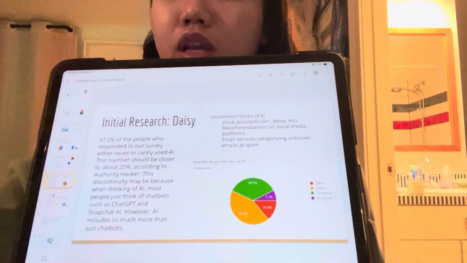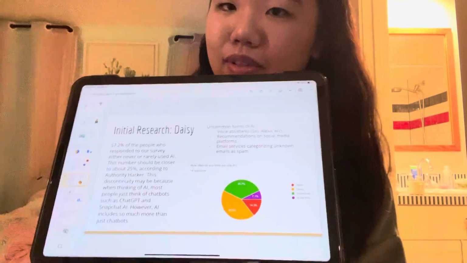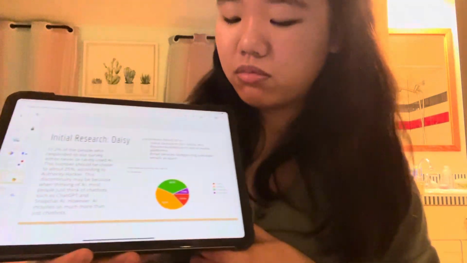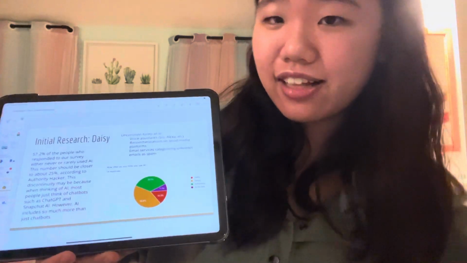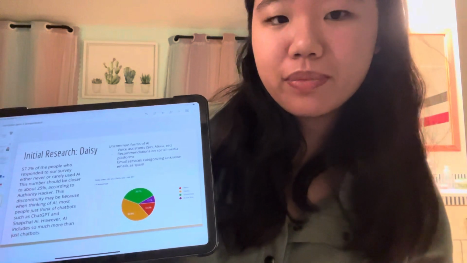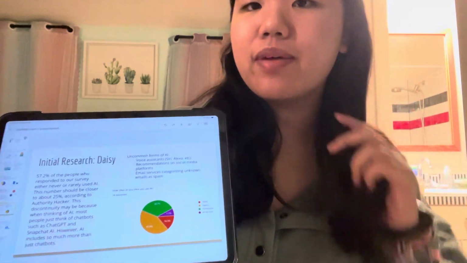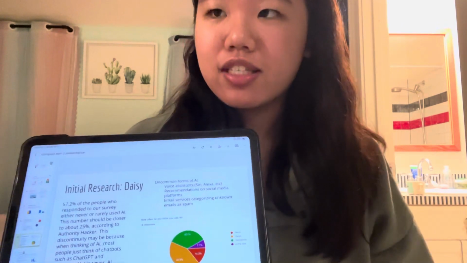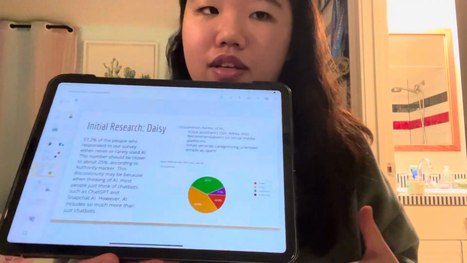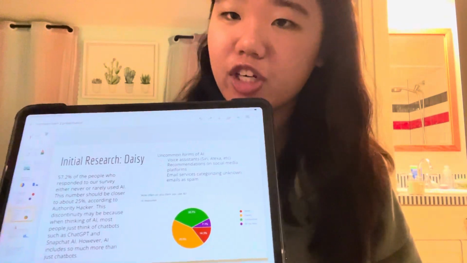However, AI includes so much more than just chatbots, and some examples of that are voice assistants such as Siri, Alexa, or Google Home, and things like that. Recommendations on social media, such as Spotify playlists or music recommendations, and YouTube recommendations on what to watch next, and people to follow on Instagram.